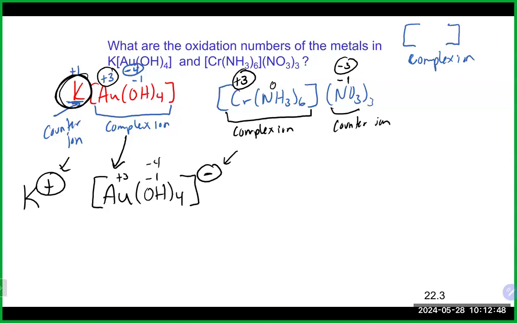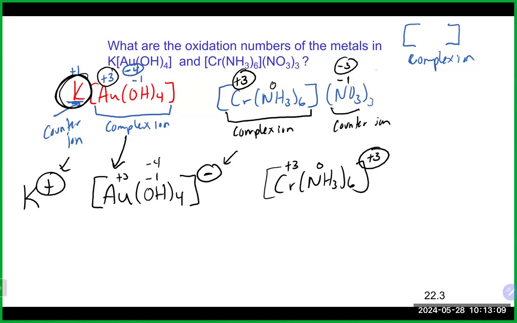Now, if we look at the guy on the right here and we look at just the complex ion part, as we saw above, our ammonia is 0, our chromium is +3, which means this complex ion actually has a +3 charge and is positive in this case.